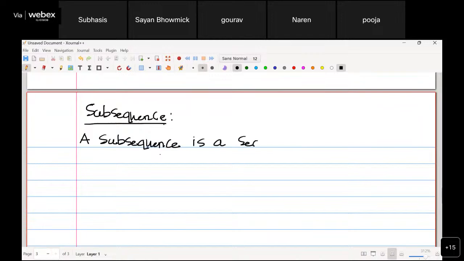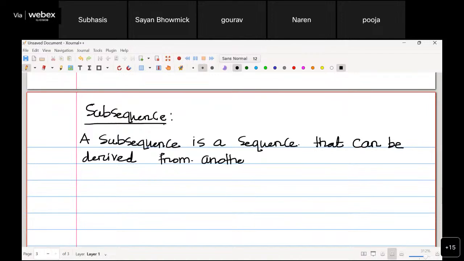A subsequence is a sequence that can be derived from another sequence, or let's say, instead of saying another sequence, I can say the original sequence.